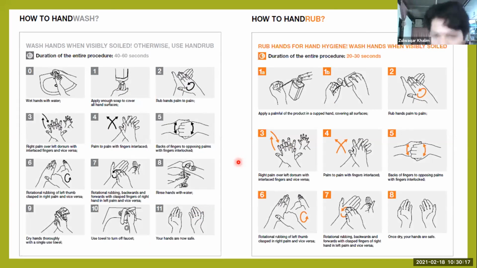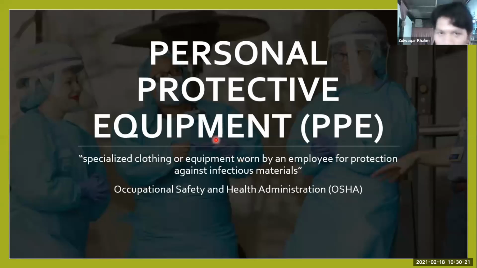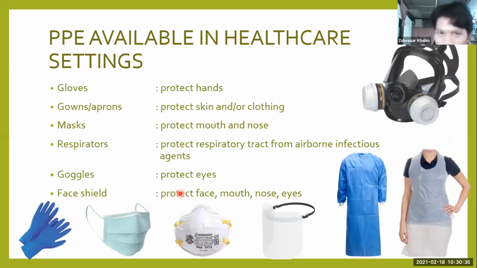Okay, second, I will talk about personal protective equipment, PPE. So what is PPE? It is specialized clothing or equipment worn by an employee, especially a healthcare worker, to protect from infectious materials, according to OSHA. Among the PPE available in healthcare settings, we have gloves to protect hands, gowns and aprons to protect skin or clothing.